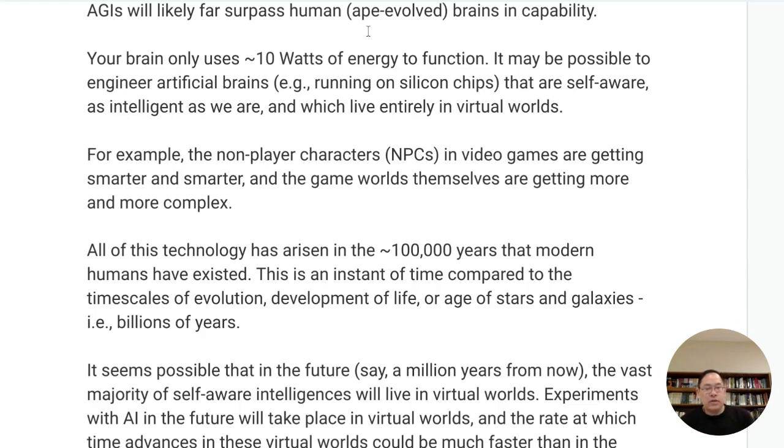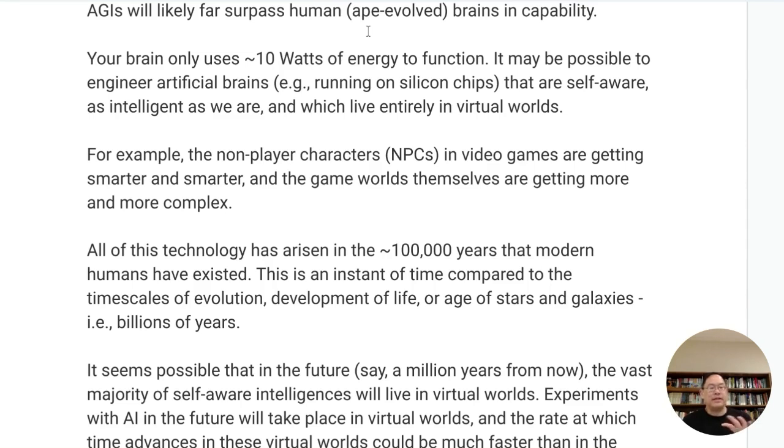So, in fact, if you just sit down and think seriously about the evolution of technology on planet Earth, a completely realistic scenario of where things will be in 100 years, 200 years, 300 years, it's hard to imagine there won't be lots of NPCs living in virtual worlds, which are at least as smart as current humans are, right?